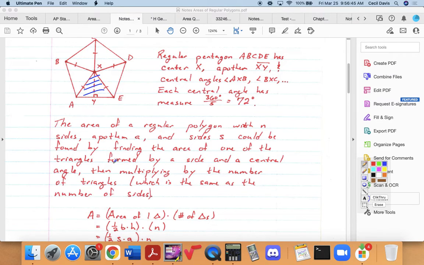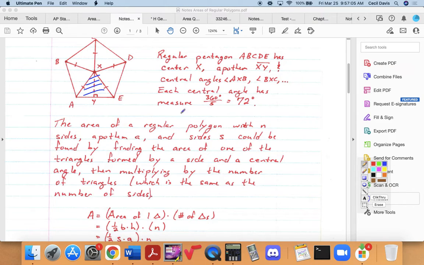Yeah, multiply by the number of triangles, which would be 5 triangles. And if you want to do it that way, that is fine with me. I mean, really fine with me. Not just, oh, it's okay, I don't mind. No, there's nothing wrong at all with doing it that way.